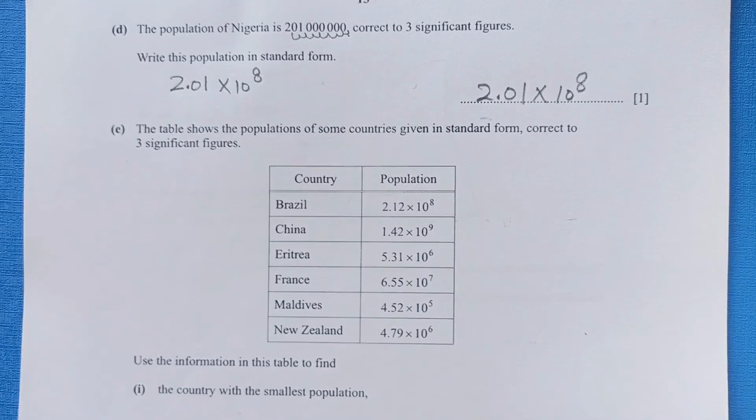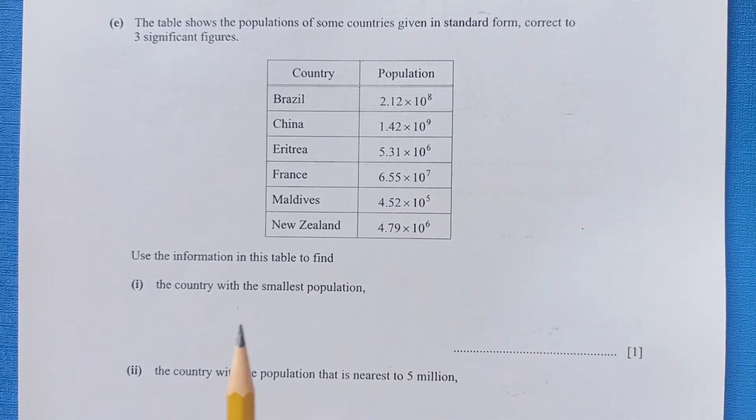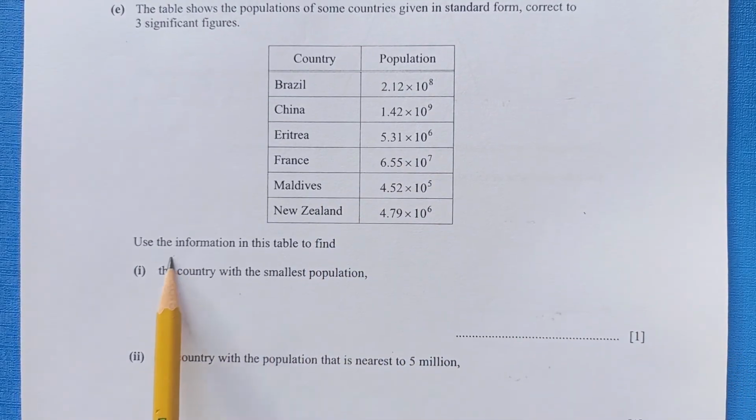Okay. Now part E, the table shows the population of some countries given in standard form, correct to 3 significant figures. So this is the information given in the table about different countries. Use the information in the table to find the country with the smallest population.